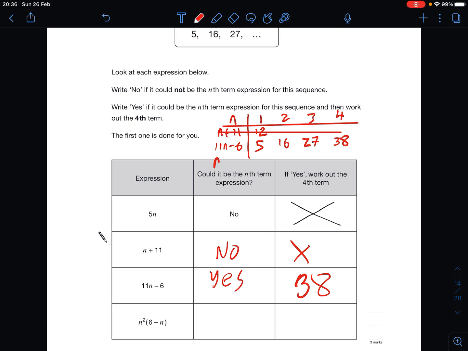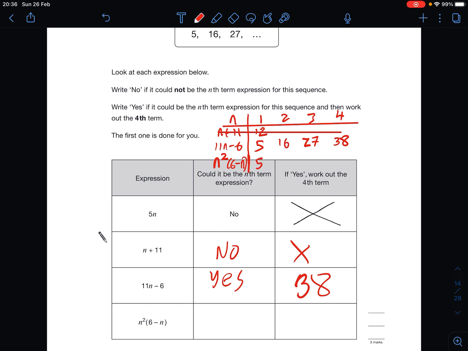Now for n squared times 6 take away n. Right, n is 1, so I'm doing 1 squared times 6 take away 1. 1 squared is 1, 6 take away 1 is 5, 1 times 5 is 5.